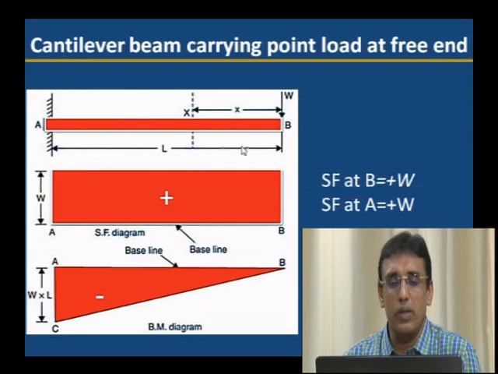Next we will move on to point A. Up to point A, whatever is to the right of the section, the unbalanced force is W only.